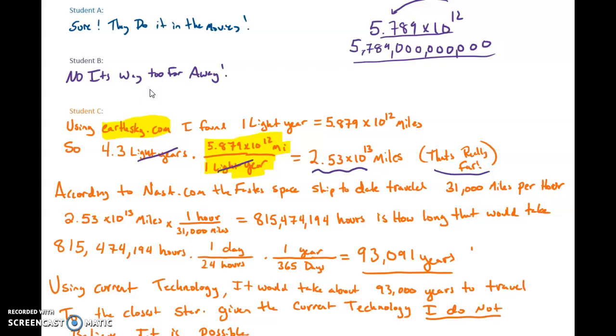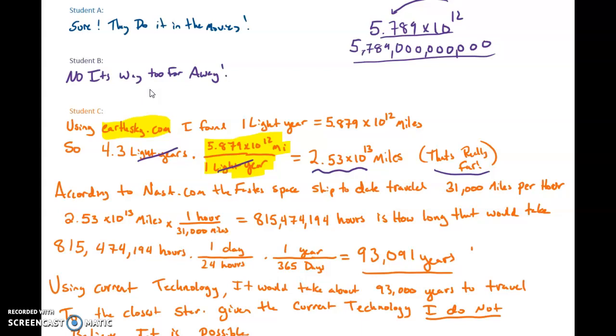Now that's a large number of hours, so you can see what the student did here is they converted hours first to days, and then days would probably be too large anyway, so they moved that all the way to years. This is the idea of stacking 2 conversion factors to skip from 1 unit over to the one you're looking for. Again, we'll go over this in more detail in the next video. But this student found that there are 24 hours in 1 day and 365 days in 1 year.